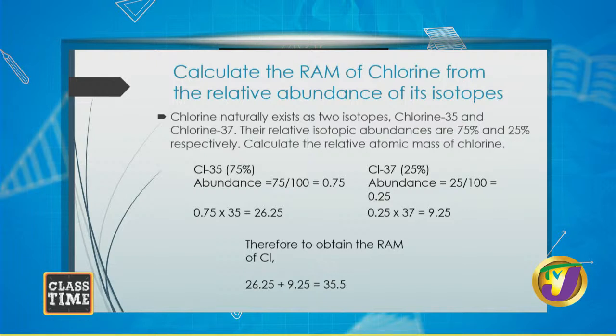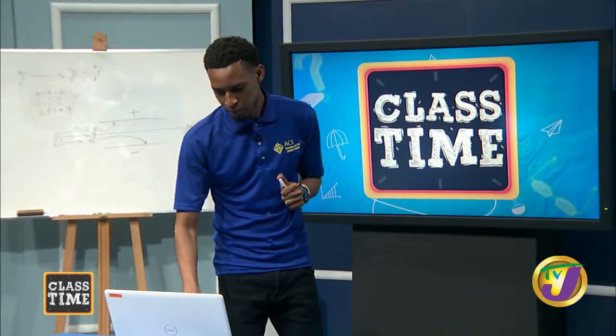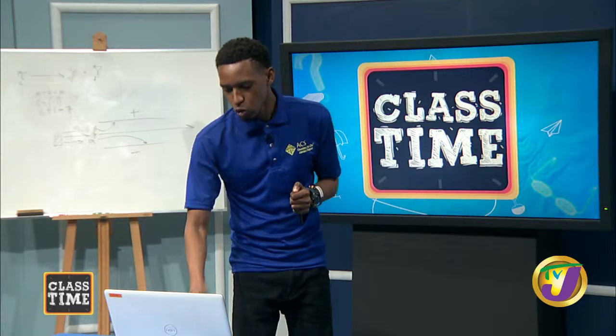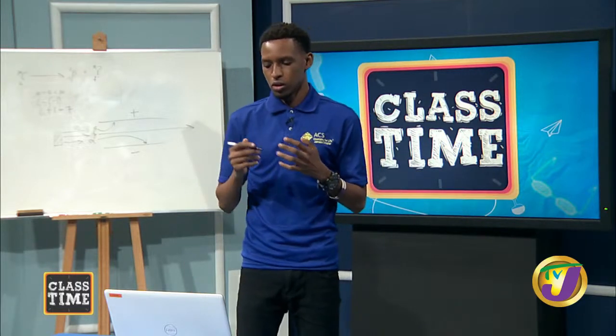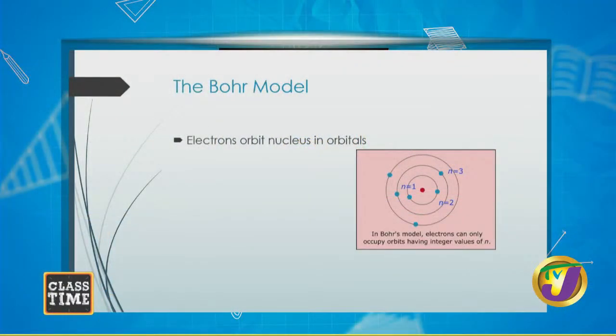Now, let's move on to the Bohr model. We've come to know that the Bohr model depicts electrons floating around in these orbitals. And if we look at the Bohr model, we will realize that the electrons are never found in between orbitals.